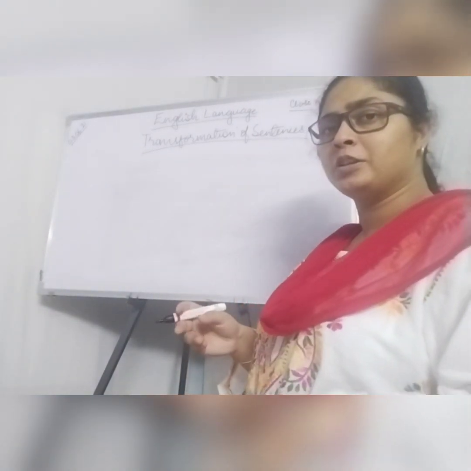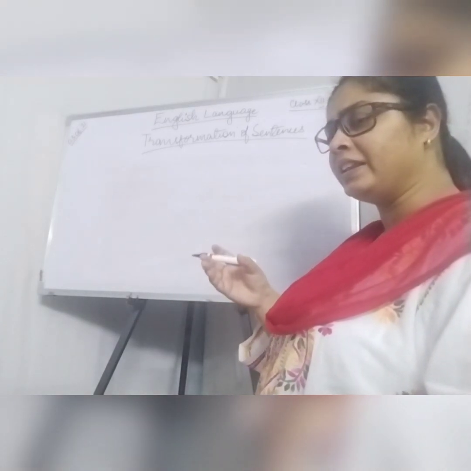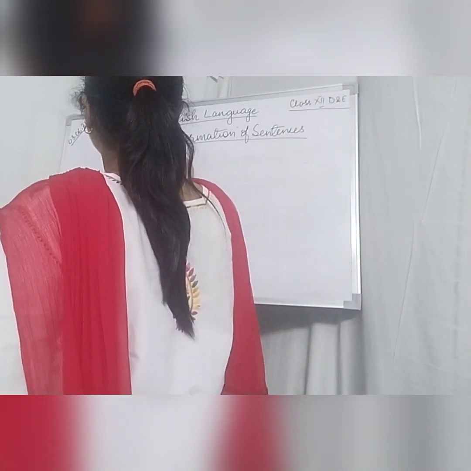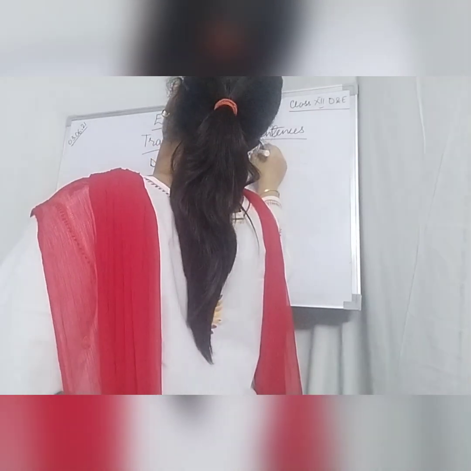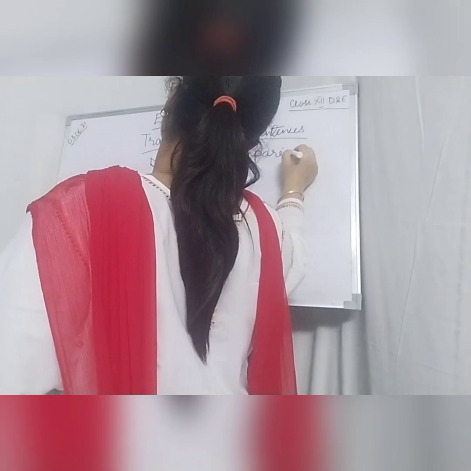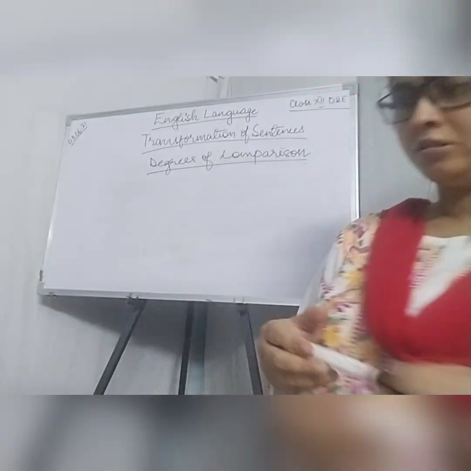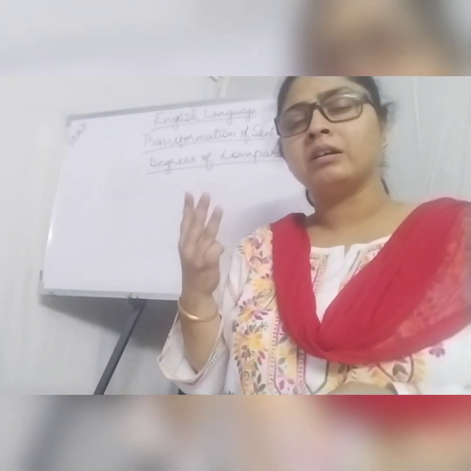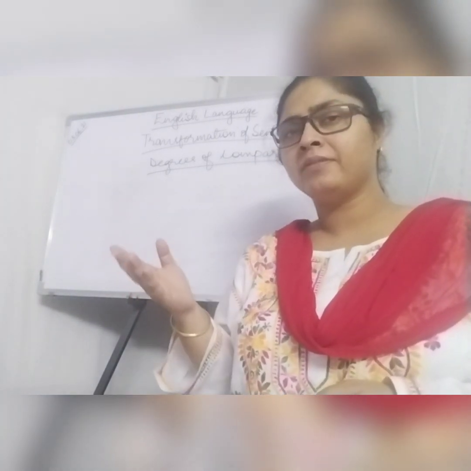Next type of transformation is transforming the degrees in the sentence, from positive to comparative to superlative. So, degrees of comparison. As we all have studied, there are three degrees of comparison: positive, comparative and superlative.